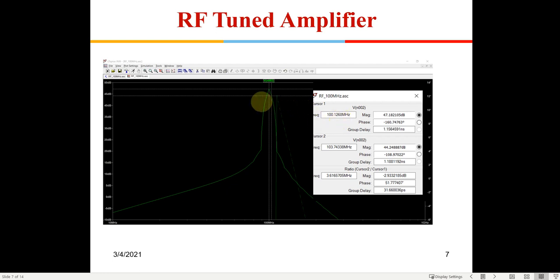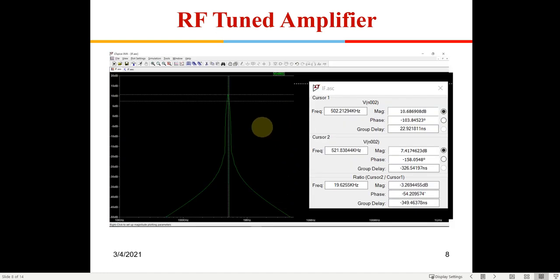So all those adjacent channels also will be passed through this amplifier. Although you are tuning it for 100 megahertz, it will allow a lot of other frequencies to pass through, and it will amplify all those adjacent channels also. So this is going to be a practical limitation if you are having only one tuned amplifier.